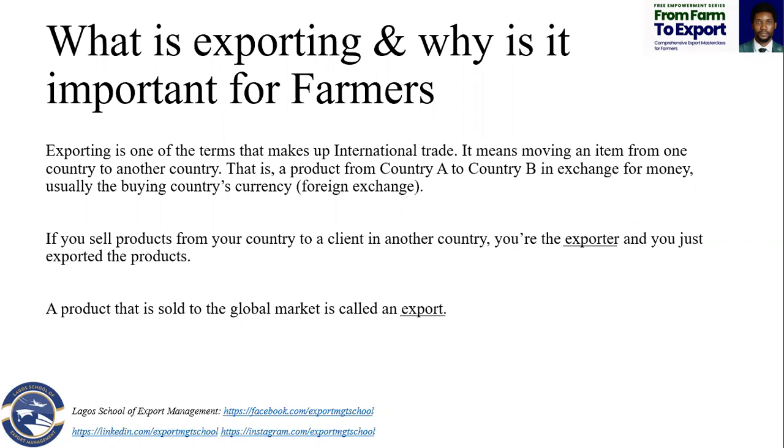Exporting is one of the terms that makes up international trade, because international trade is all about import and export. The exporting part is what we are focusing on. It means moving an item from one country to another, which could be close by or far away from us.